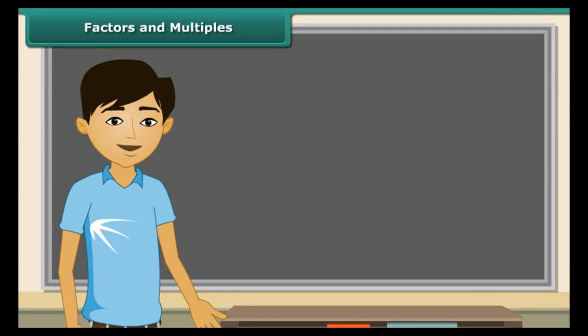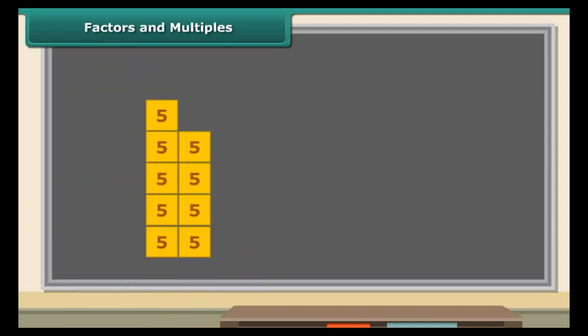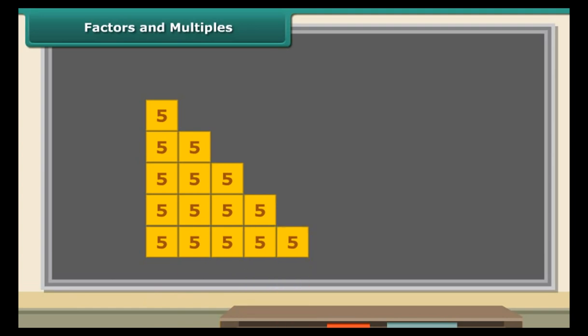Let us revise factors and multiples with the help of an interesting activity. 1. Collect some wooden strips, each 5 units long. 2. Join them end to end as shown in the figure. It is clear from the figure that the numbers 5, 10, 15, 20 and 25 are multiples of 5.